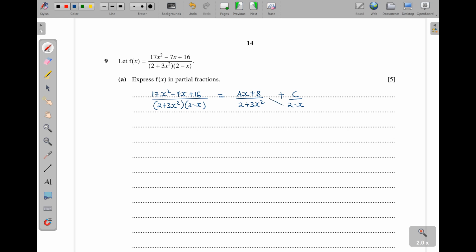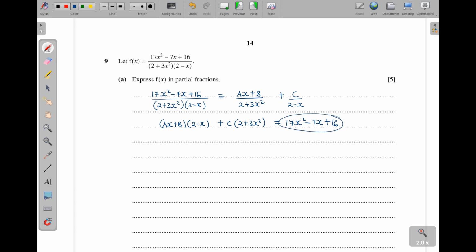So don't waste time, just multiply this with this, then this with that, and then you equate to this one here. So we have ax plus b multiplying with 2 minus x, plus c times 2 plus 3x squared, which is equal to 17x squared minus 7x plus 16.